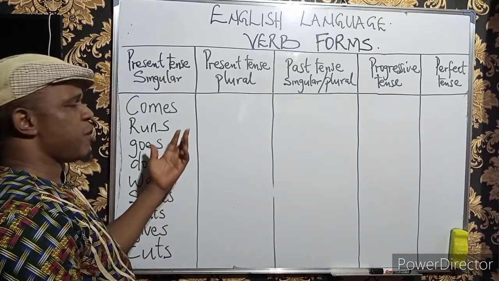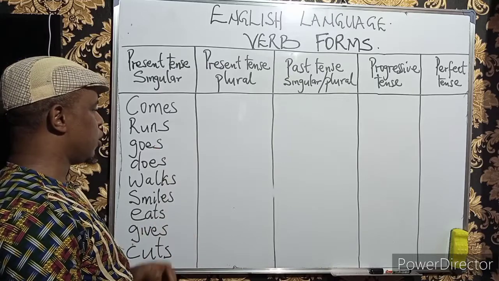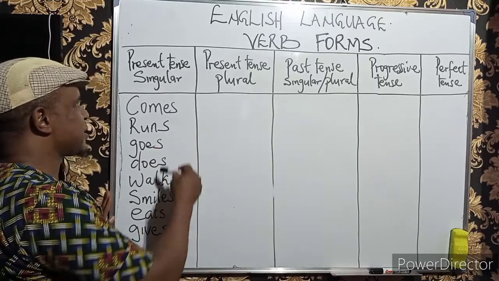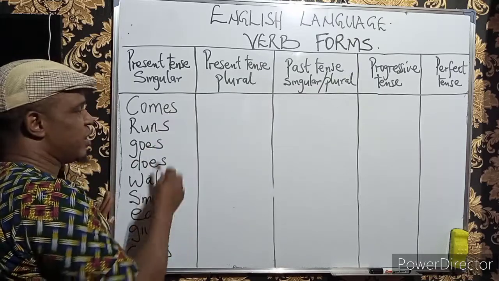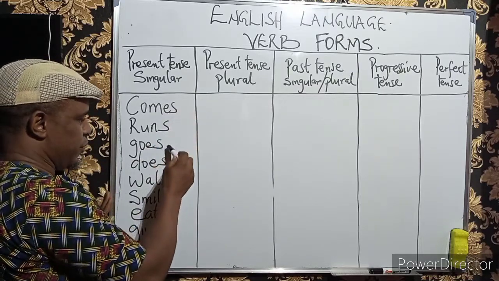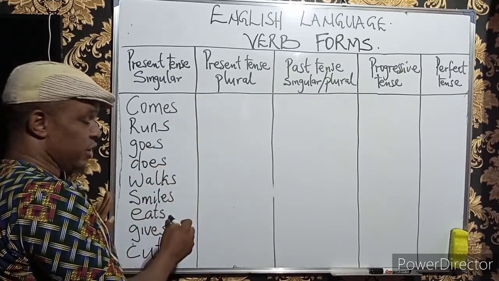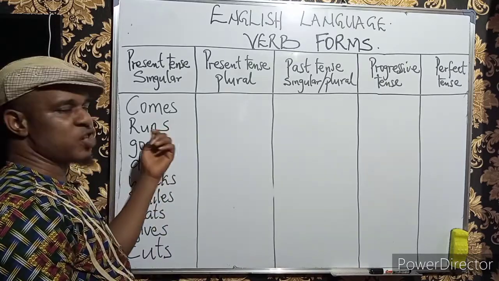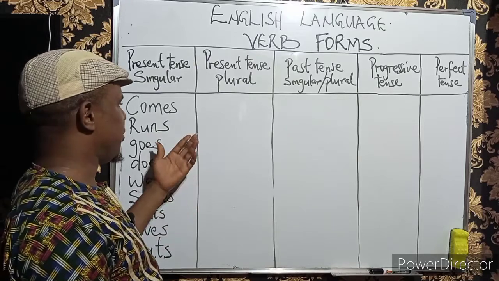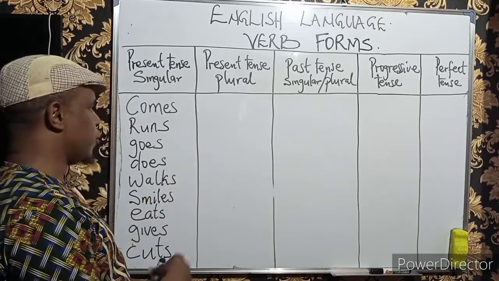Something very important we take note of is the fact that the present tense forms of the verbs in their singular forms admit s. If you look at what we have on the board, you notice that all the verb forms here admit s. And that is because they are in their singular forms.